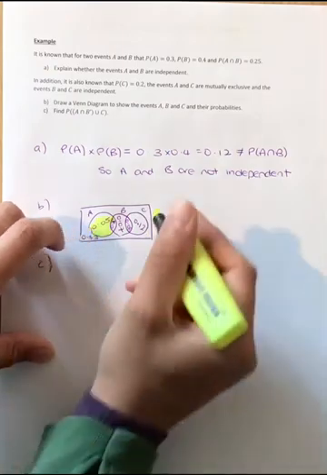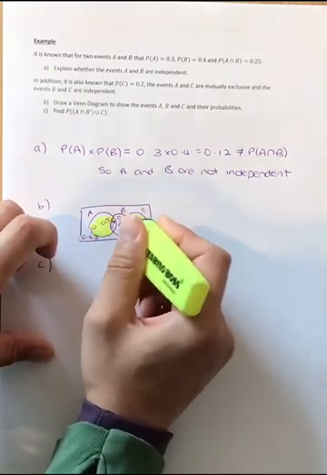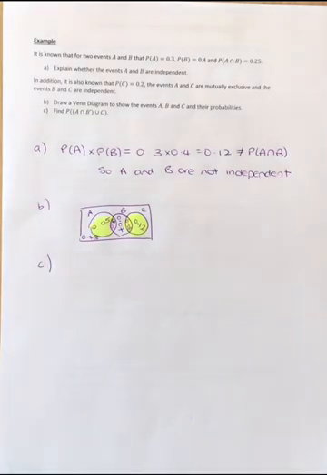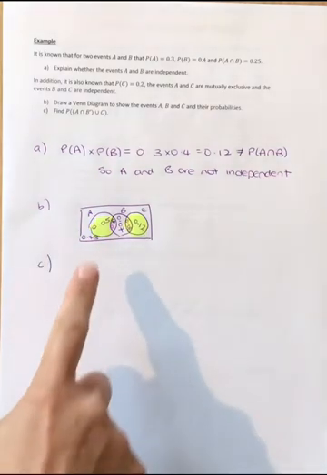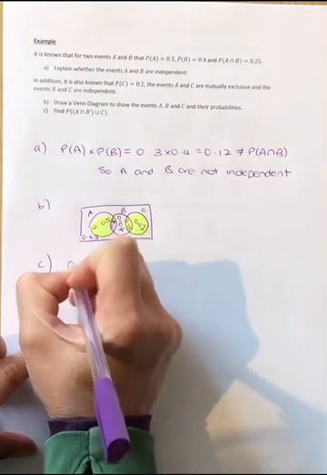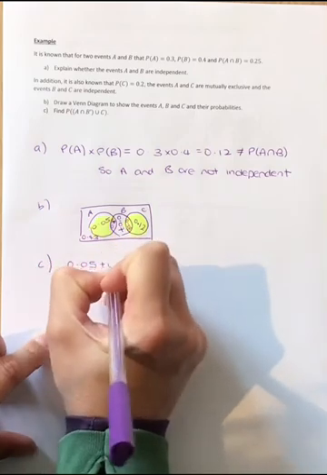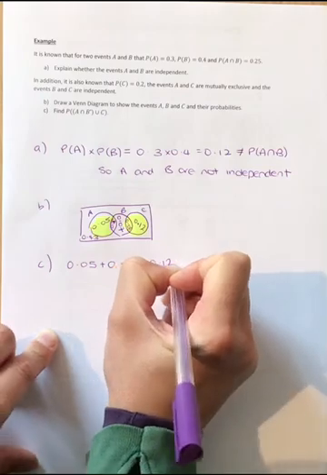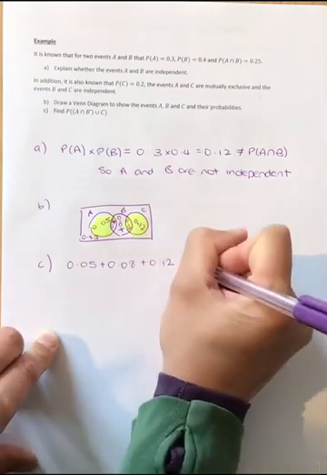Well, we don't have anything that's in both, but we do have all of this in C. So the yellow region is in A intersect B complement or C. So our probability is 0.05 plus 0.08 plus 0.12, which gives us 0.25.